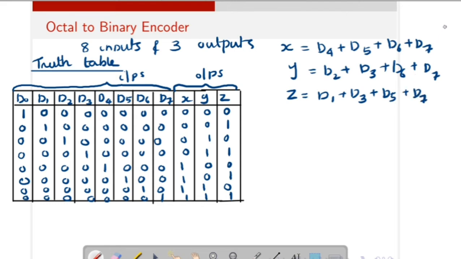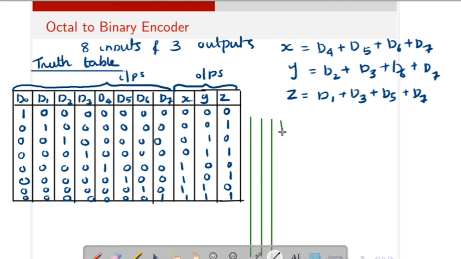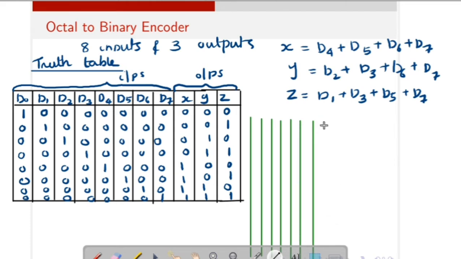Okay, so next we can draw the circuit. For the logic circuit, first we have to draw all the inputs: D0, D1, D2, D3, D4, D5, D6, D7.